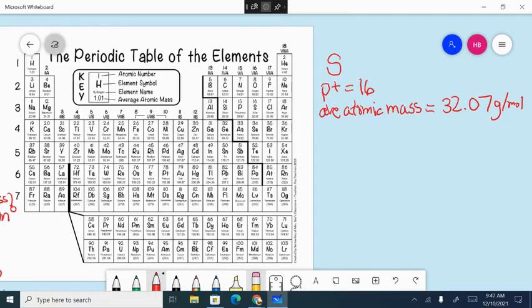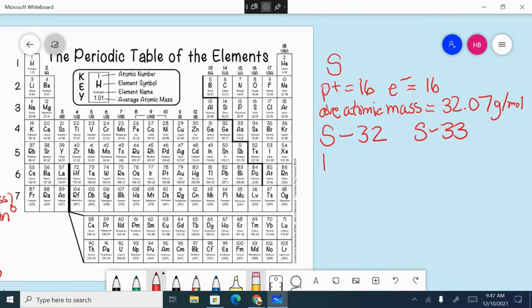If I have an atom of sulfur, it also has 16 electrons. Remember when we talk about atoms, they're electrically neutral. They have the same number of protons as they do electrons. We can have two different isotopes that we're going to worry about. There's actually more isotopes, but there's sulfur 32 and sulfur 33.